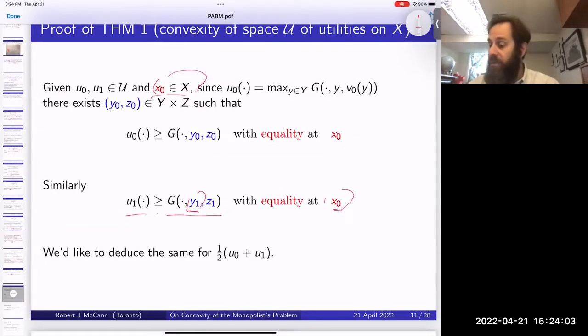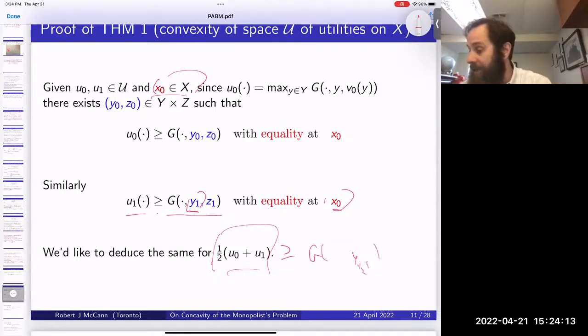And then the question is, can you do the same for the average of these two things? Can you find a Y and a Z such that the average is dominated by G of, let's say, Y1/2, Z1/2 with equality at X naught?